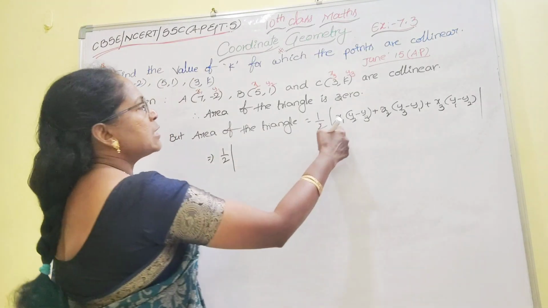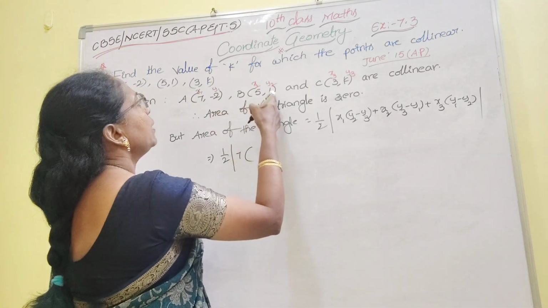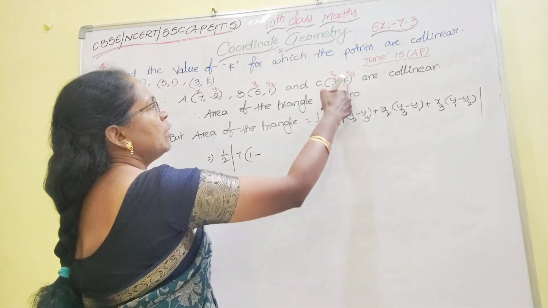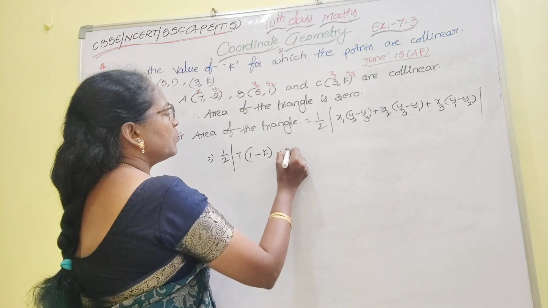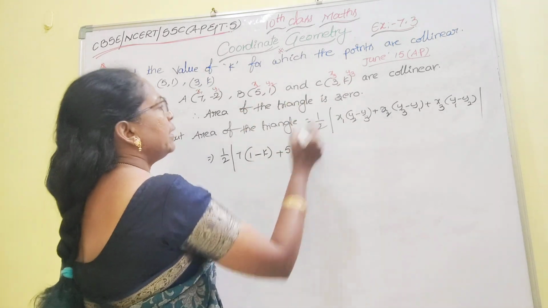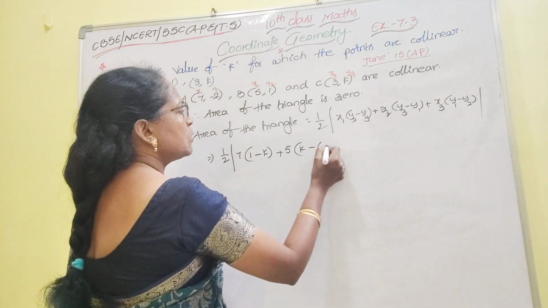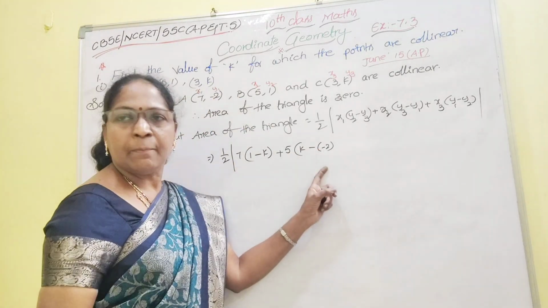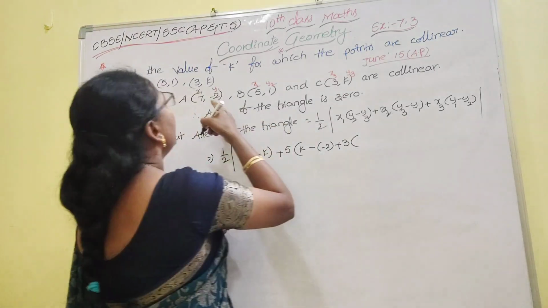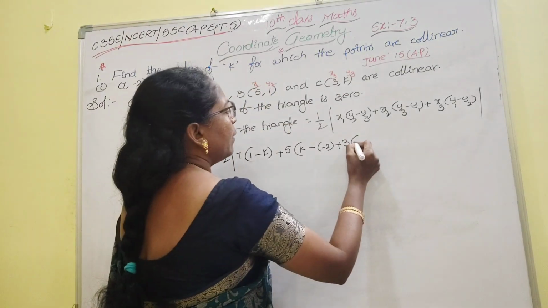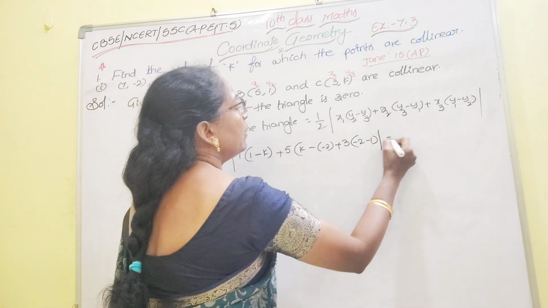Half, x1 equal to how much? Here 7 into y2 equal to 1 minus y3 equal to k, plus where x2 equal to 5 into y3 equal to k minus y1 equal to minus 2. So keep in the bracket, plus x3 equal to 3 into y1 minus y2, where minus 2 minus 1. This entire value equal to 0.